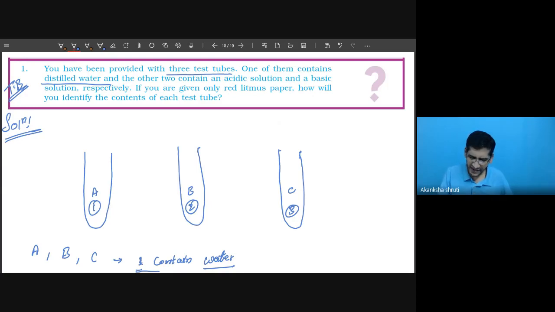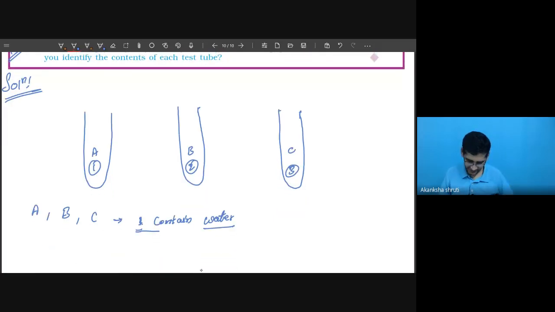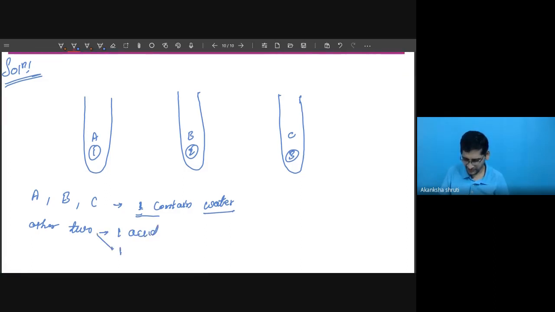And the other two contain one acid and one base.